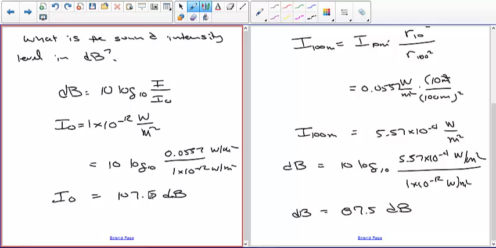So obviously, getting away from your sound source is going to reduce it. And from a decibel standpoint, 10 decibels we perceive as twice as loud. So here we have a 20 decibel difference between these two conditions.